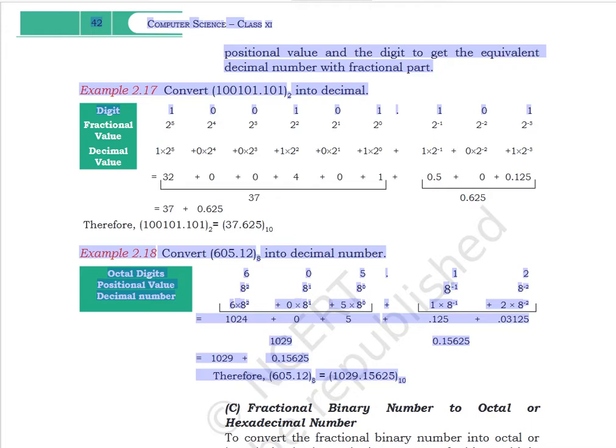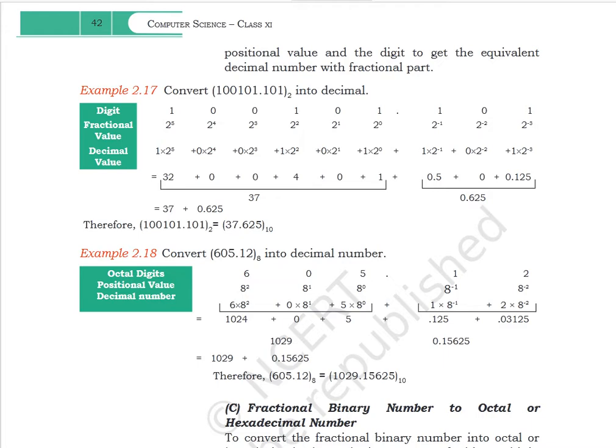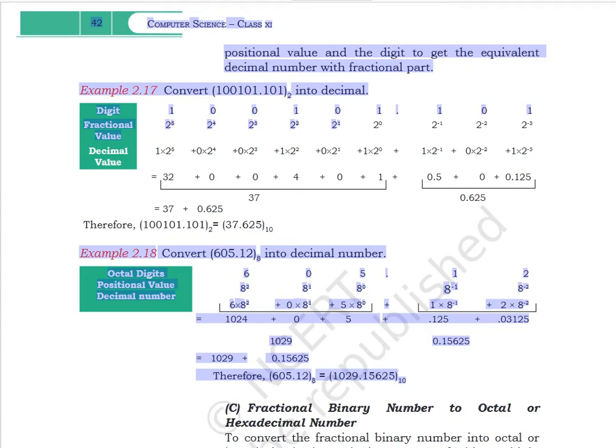And we all know, using the positional value, from the left hand side of the decimal point, we use the powers of 2 like this: 2 to the power 0, 2 to the power 1, 2 square, 2 cube, 2 to the power 4 and 2 to the power 5. And the same on the right hand side of the decimal point: 2 to the power minus 1, 2 to the power minus 2 and 2 to the power minus 3.